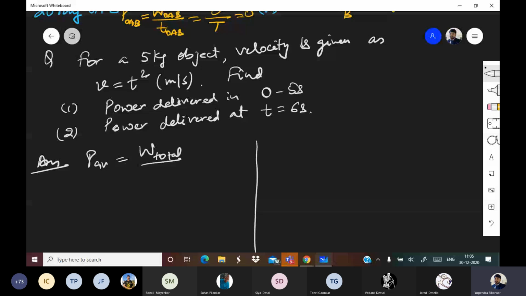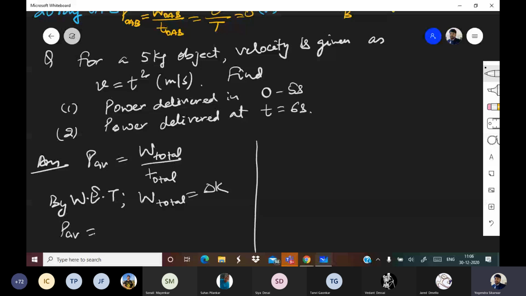Now by work energy theorem, W total is equal to delta K. So P average will be delta K, meaning KE final minus KE initial upon T. Right? Now half m V final square minus V initial square upon T will give you the answer.